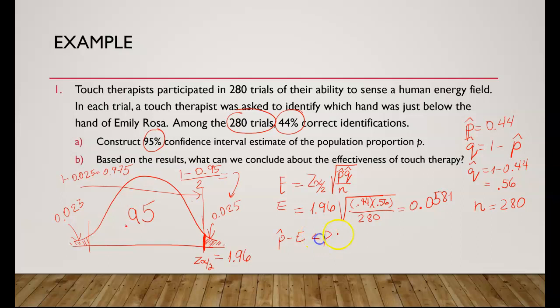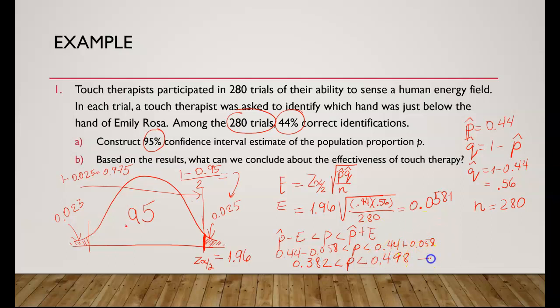Now let's write the confidence interval limits. Population proportion is within the limits p hat minus E to p hat plus E. P hat is 0.44 minus E is 0.058, 0.44 plus 0.058, 0.382 to 0.498.